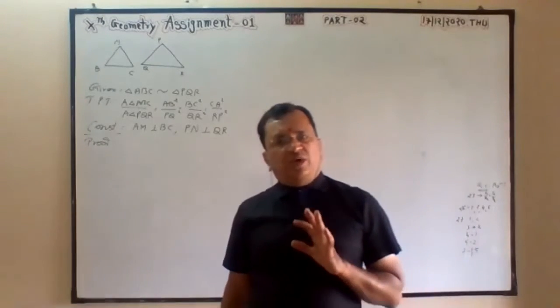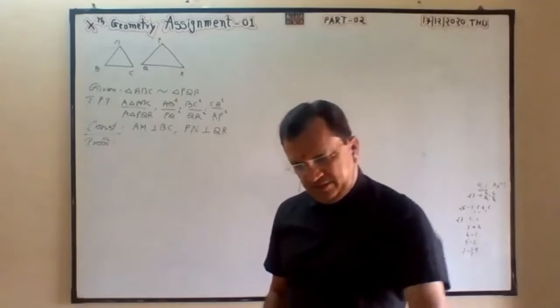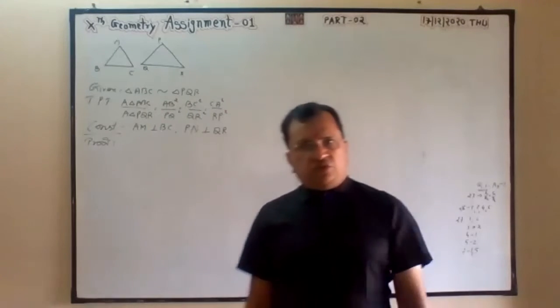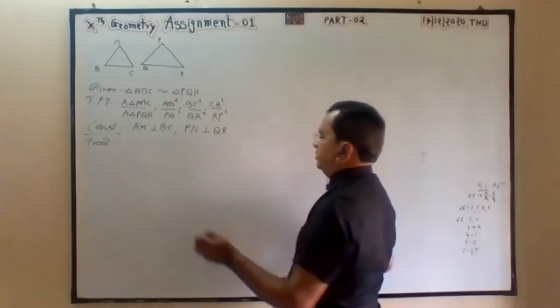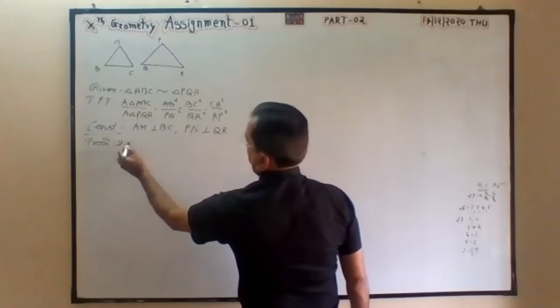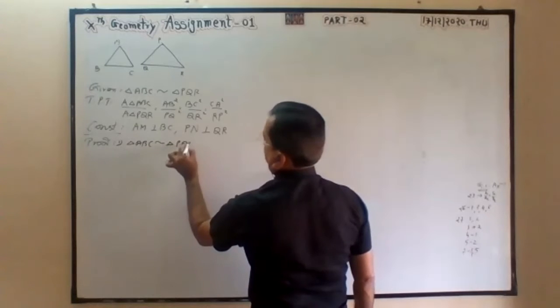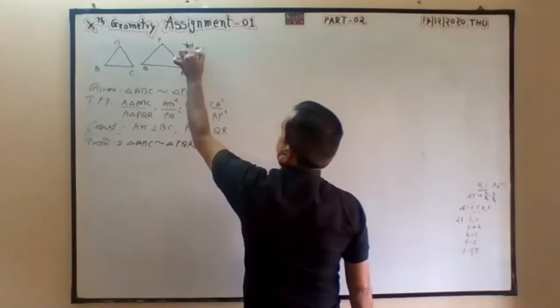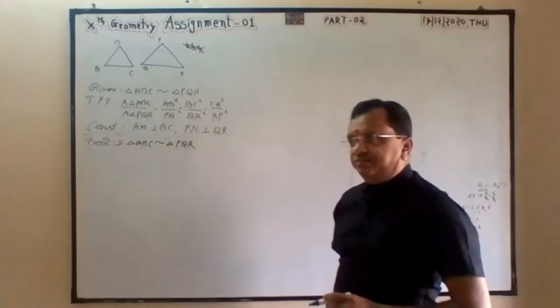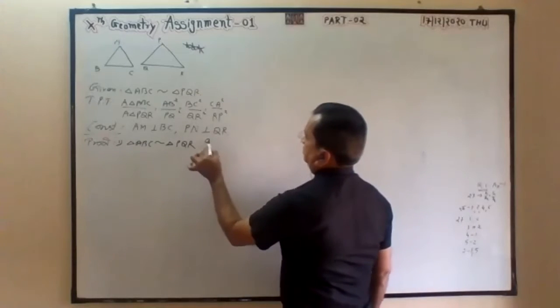This formula is only applicable when two triangles are similar. So statement number 1: triangle ABC is similar to triangle PQR, given. This is a very important theorem.